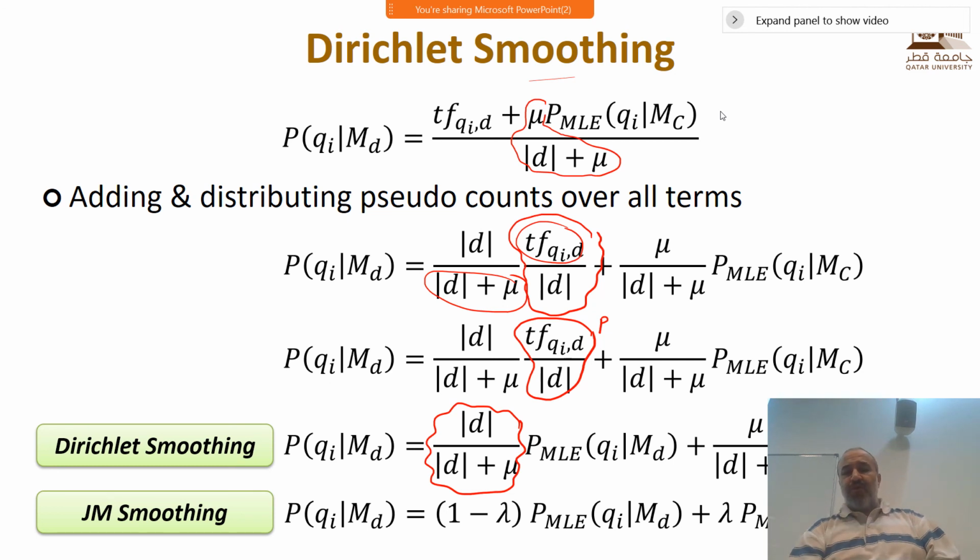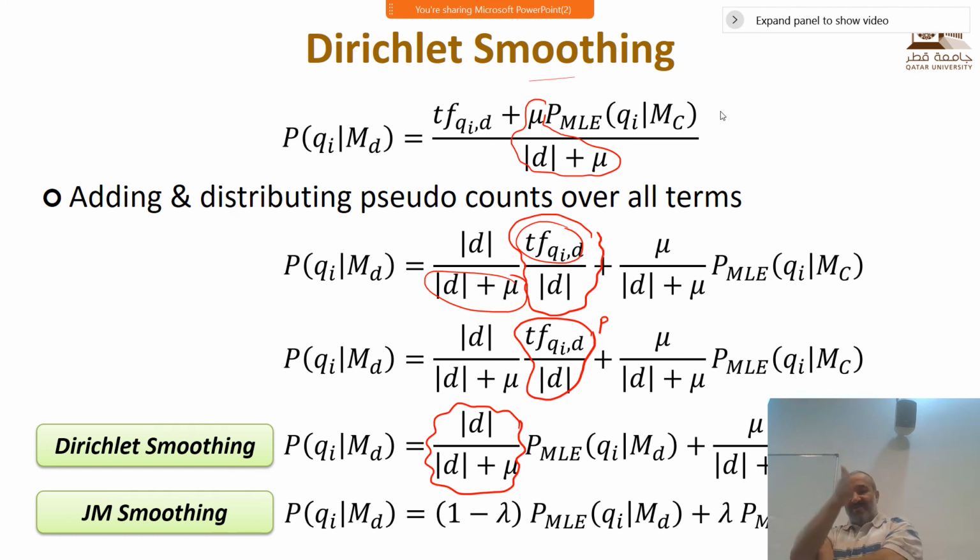By the way, if you look at the Dirichlet smoothing here, if the document is long, what is the effect of having a long document here? Look at the formula and tell me. If the document is long, what happens? The focus will be on the foreground. Why?